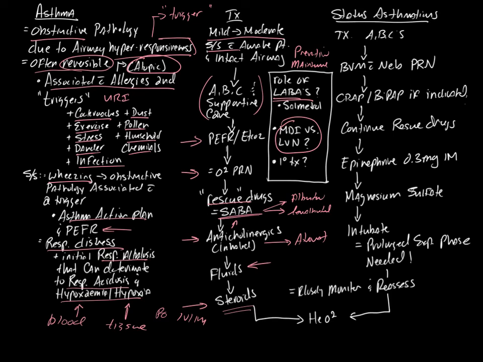And once it gets mixed, there's a greater chance for it to impact in the lower airways where it needs to go. If you make a seal with your lips around it and you hit it, where's it going to go? All over the back of your mouth and throat, right? That's not where you want it to go. You want inertial impaction in your lower airways, in your bronchioles. Does that make sense? All right, so if you're going to use it that way, you need to get it out of the mouth, about an inch or two away from the mouth. Have them inhale.